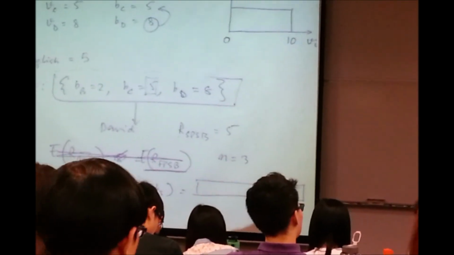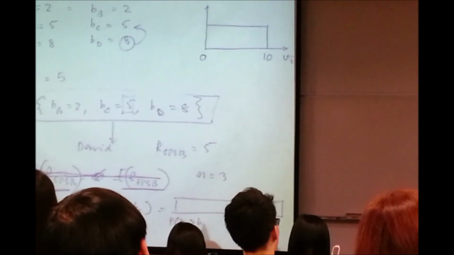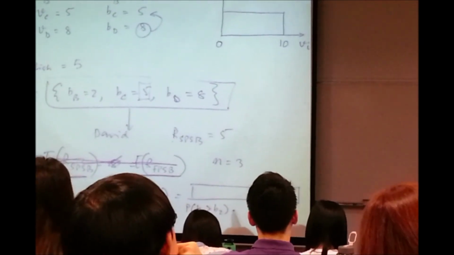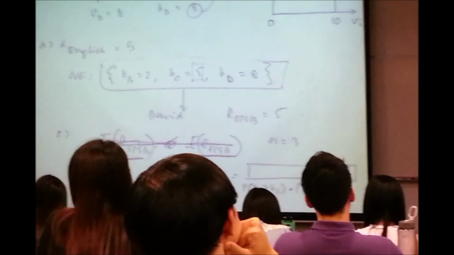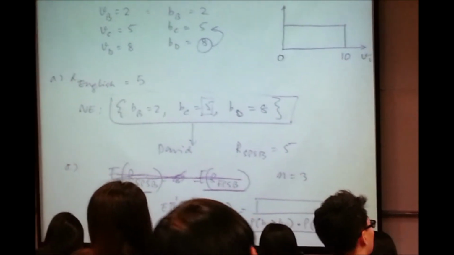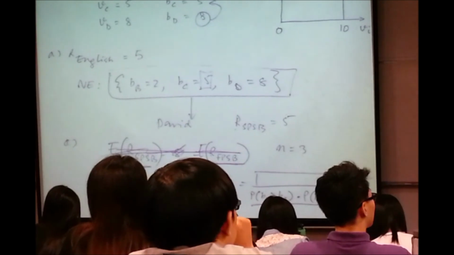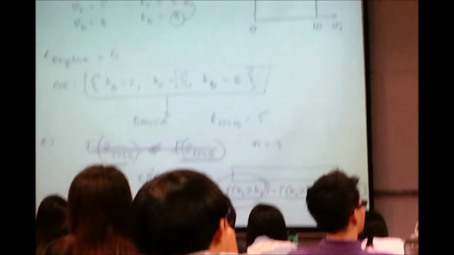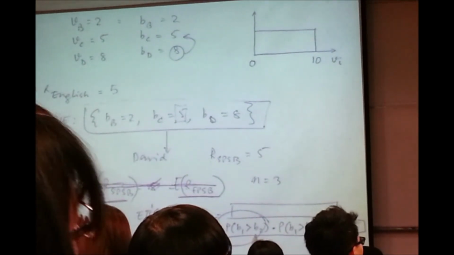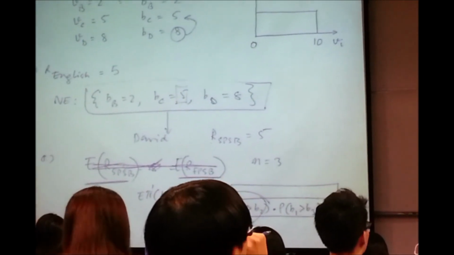You will say the probability of winning is the probability that B1 is greater than B2 times the probability that B1 is greater than B3. For bidder 1, the probability that you will win with a bid of B1 is this. The payoff you get from winning is V1 minus B1. First you use your beliefs.